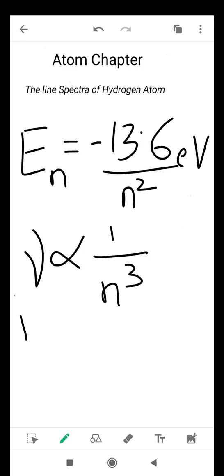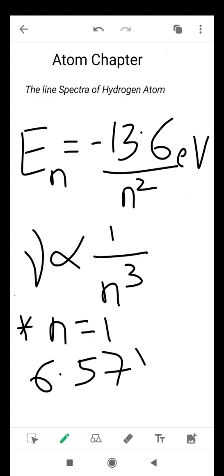For n equal to 1, the first orbit of hydrogen atom, the number of revolutions made per second by the electron, that is the frequency, is found to be 6.57 into 10 raised to 15 revolutions per second.